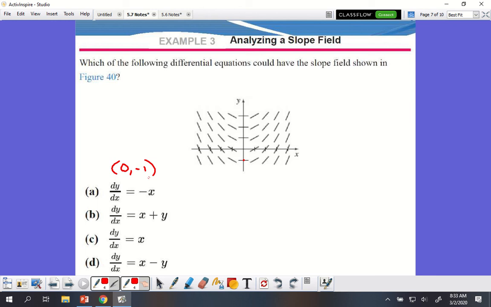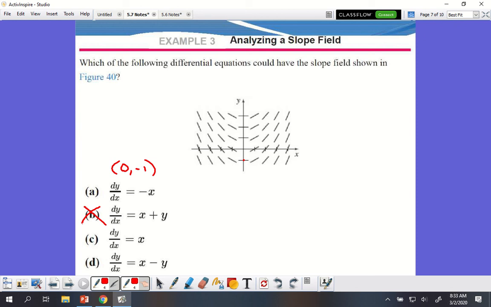All right, so what about B? If I'm plugging in 0, -1 for B, what's that going to give me? -1. So does it look like my slope is -1 at 0, -1? No. So I'm going to cross that one out. So I could actually use this to my advantage.